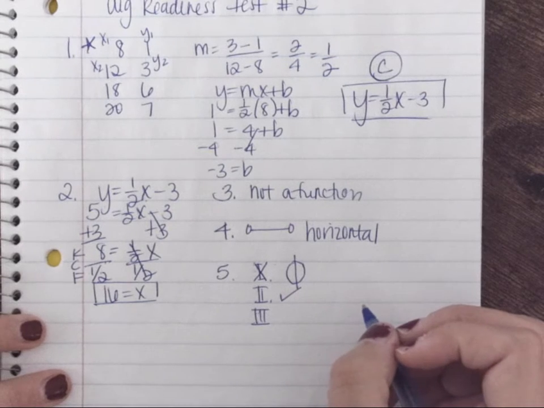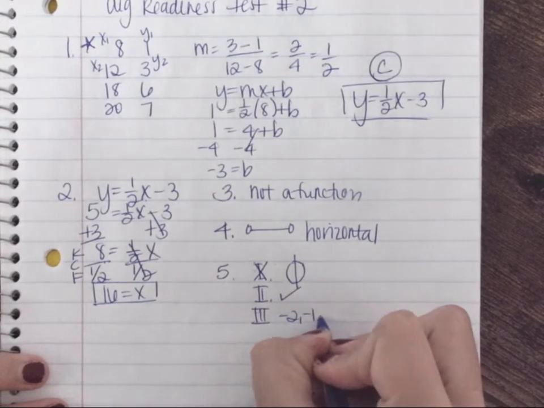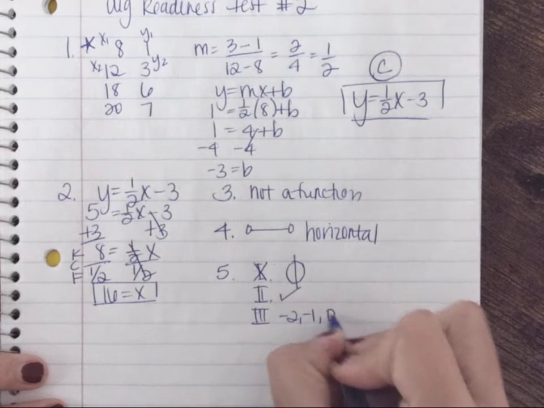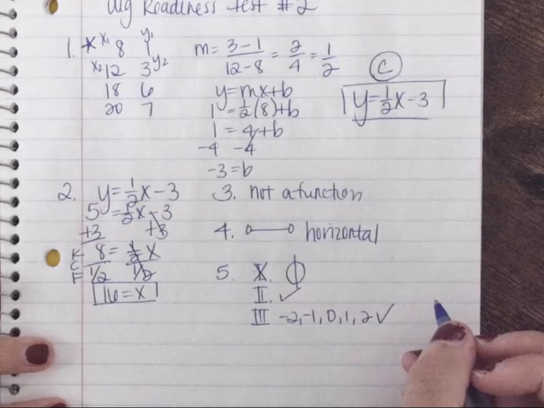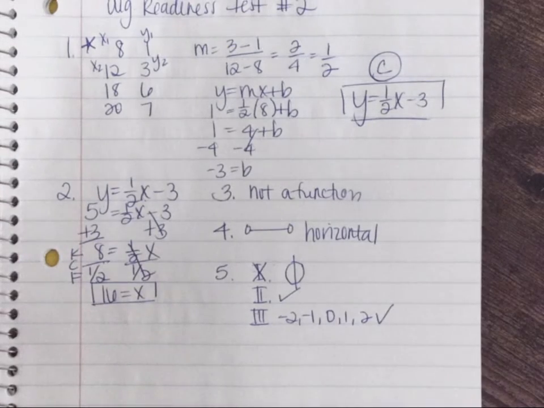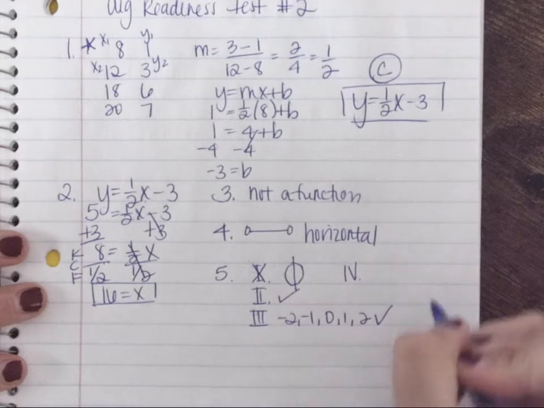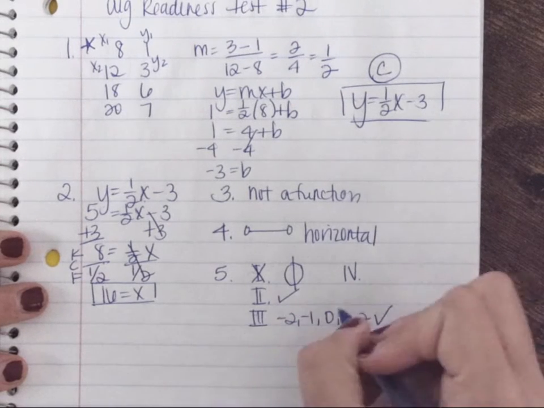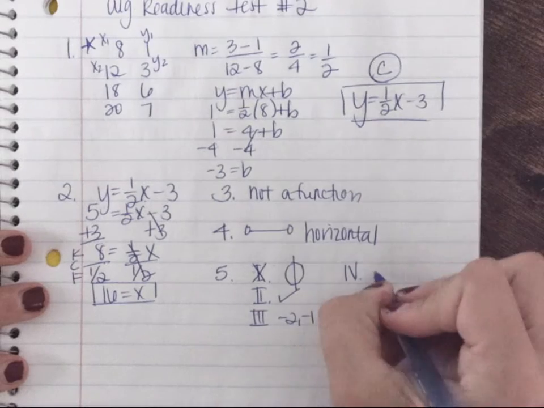Number 3 has a set of ordered pairs, and your x values are -2, -1, 0, 1, and 2, which means none of those repeat, so number 3 is a function. Number 4 is a graph, and it has ordered pairs on it. And if you did your vertical line test with those ordered pairs, you would have never made a vertical line.